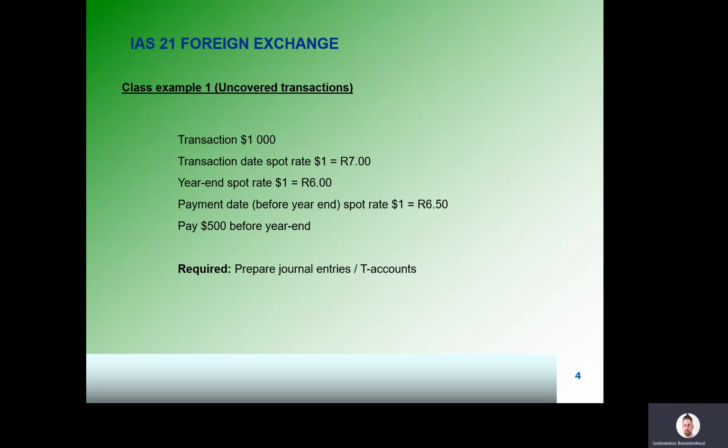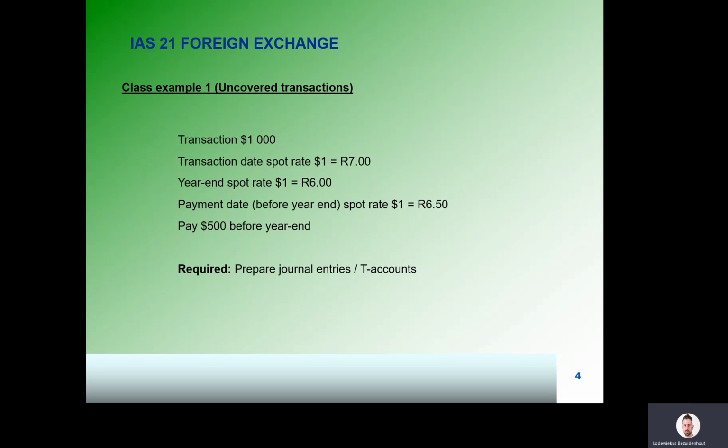Then they say payment date before year end, they give us the spot rate of 6 Rand 50. So you can already see that the payment date rate is lower than the transaction date rate. That means we will make a foreign exchange profit before year end. And we make a payment of half of the transaction amount, so we pay $500 before year end.